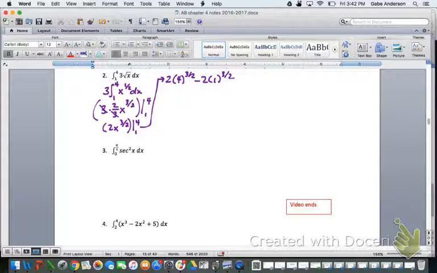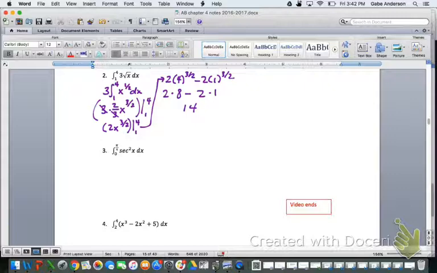So the square root of 4 is 2, and then the numerator, the 3 there, gives you the power. So this is really 2 to the third, which is 8. So 2 times 8 minus, this just ends up being 2 times 1. So I've got 16 minus 2, which is 14, using Fundamental Theorem of Calculus Part 1.